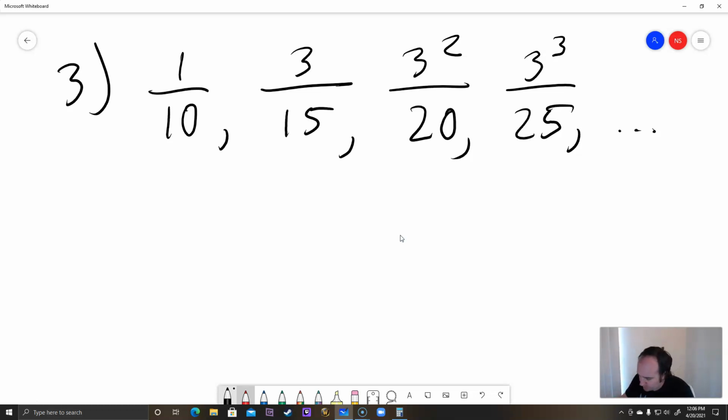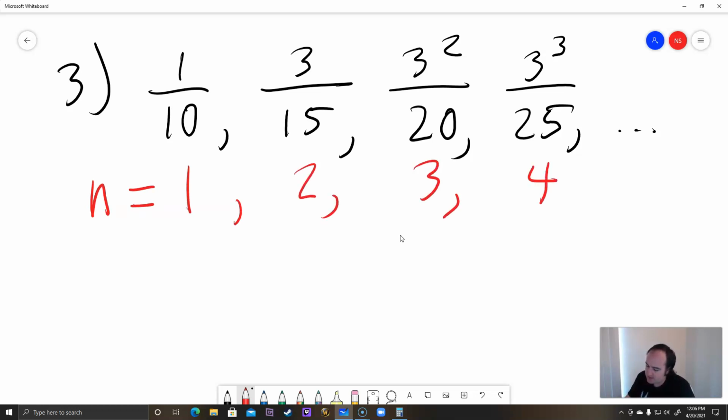So remember, we're going to be starting at n equals 1 unless they tell us otherwise. So here's n equals 1, n equals 2, n equals 3, n equals 4, dot, dot, dot. Okay, so just like I did on the last problem, I'm going to be looking for a pattern. Now this actually is a fraction, and we can see it looks like there's a pattern on the top, and then there's a different pattern on the bottom. So let's focus on the numerator first.